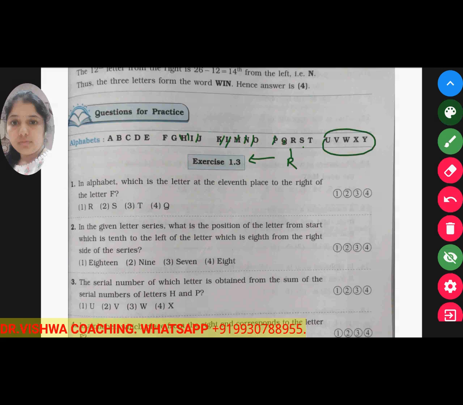So H is the letter which is at the 10th position to the left from letter R. So H is the given letter. Now H is at which position from the left? 5, 6, 7, 8. So it is at 8th position from the left hand. So option number 4 is the correct option here.